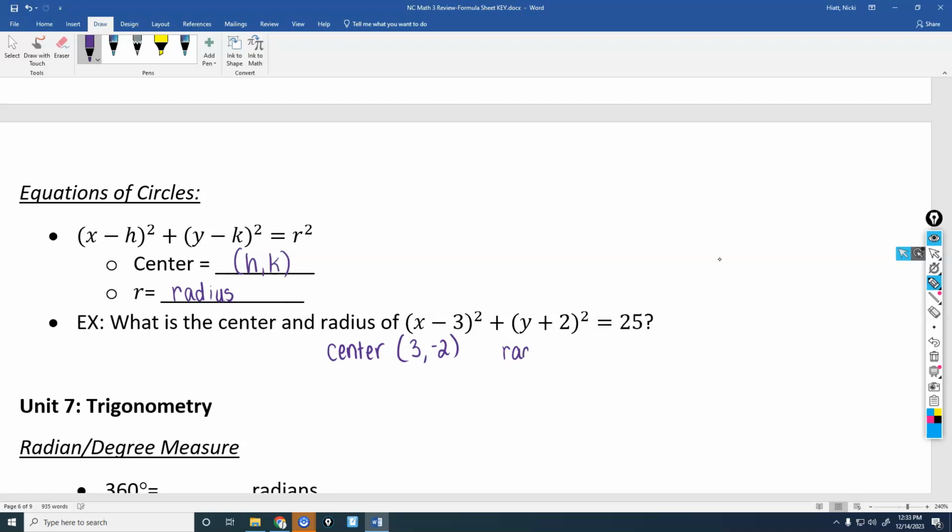Peyton, what about the radius? It comes from 25, but it's not 25, because this number right here is the radius squared. We'll take the square root of it and we'll get 5.